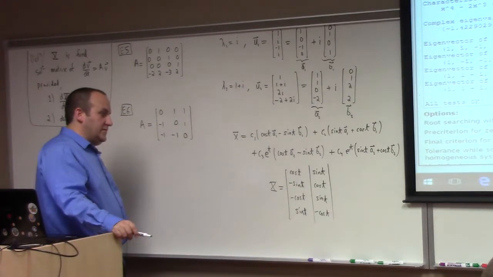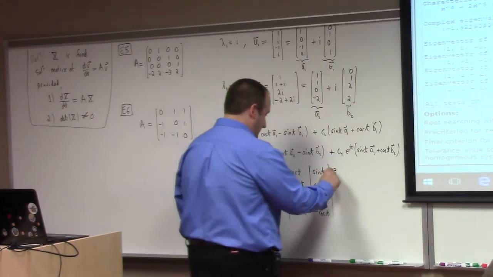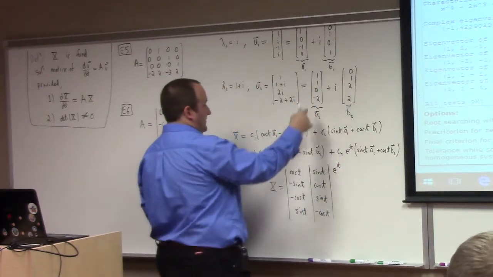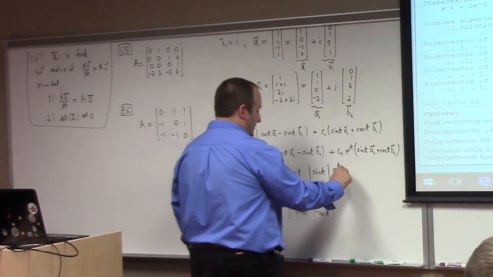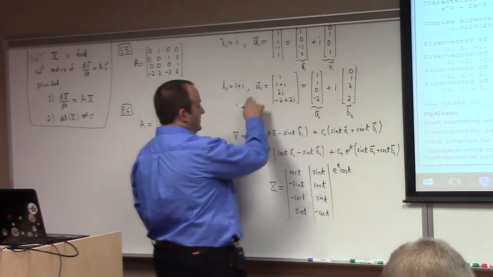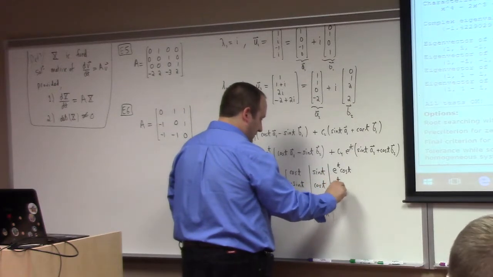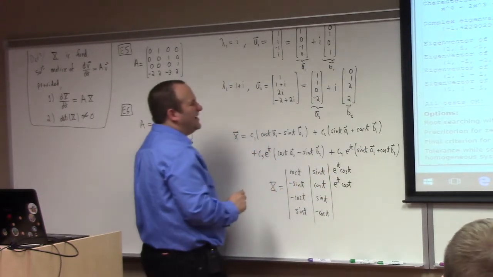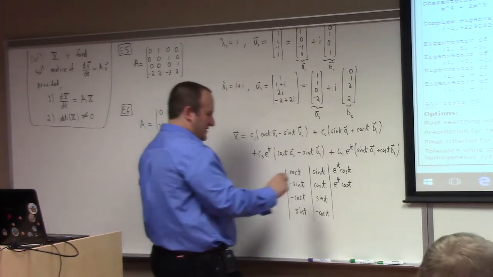The third solution has exponentials in it, right? So the third one's like e to the t, and A2 is e to the t cosine t, minus e to the t sine t, I think.